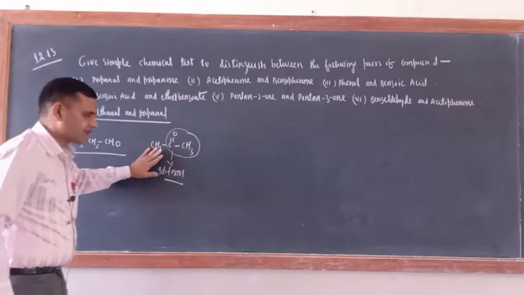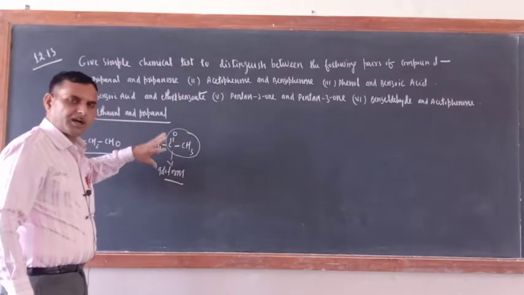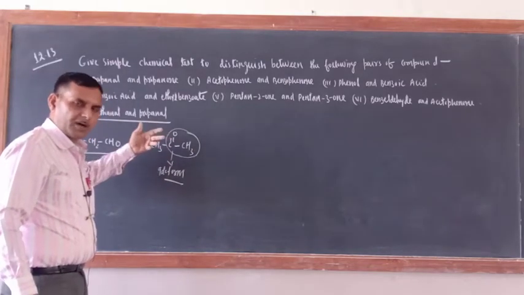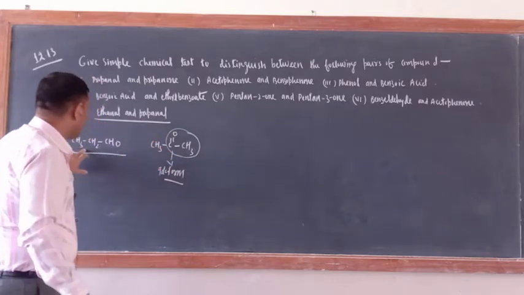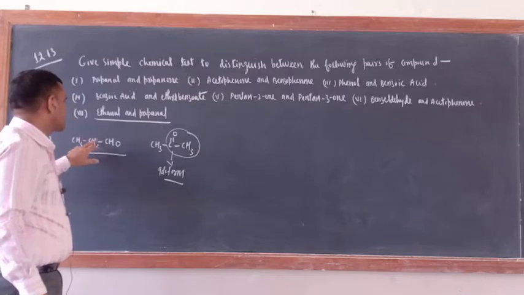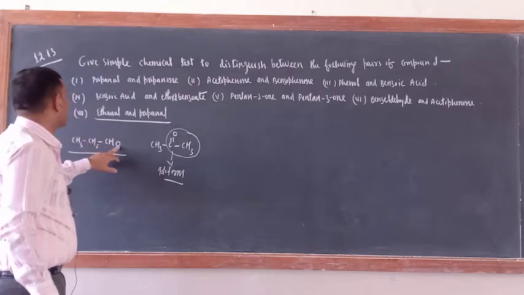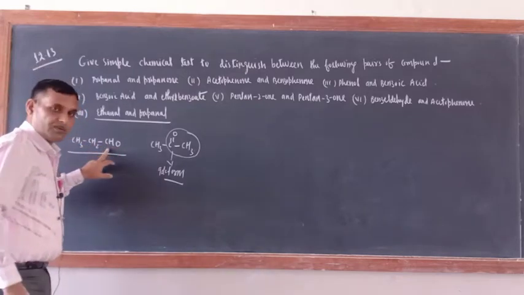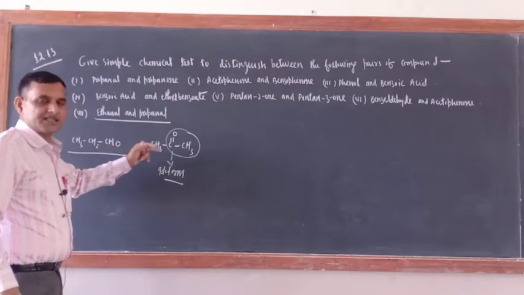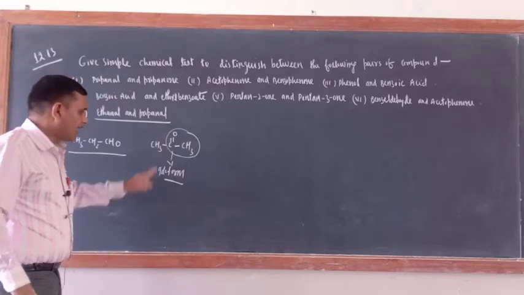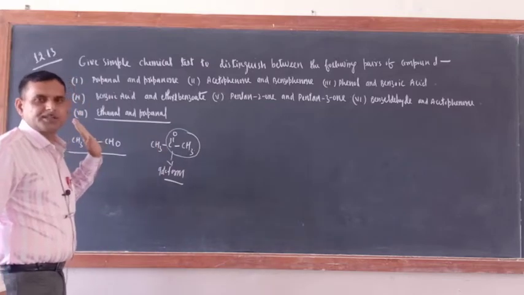In the iodoform reaction, what reagents are involved and what are the products, I already told that you should write. And here you will write CH3CH2CHO plus NaOI or I2 plus NaOH, no reaction. And here you have to write the complete reaction.